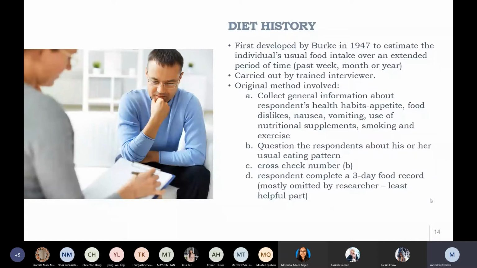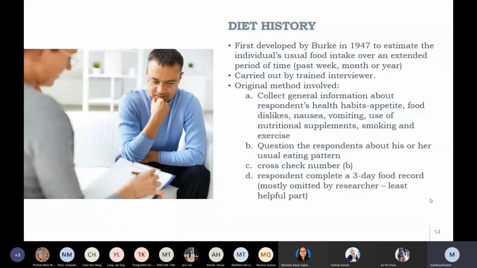Or if they are in a hurry, they will just take bread toast with butter and jam, things like that. Okay, so it's similar to 24-hour diet recall, but it will have some options of the foods.